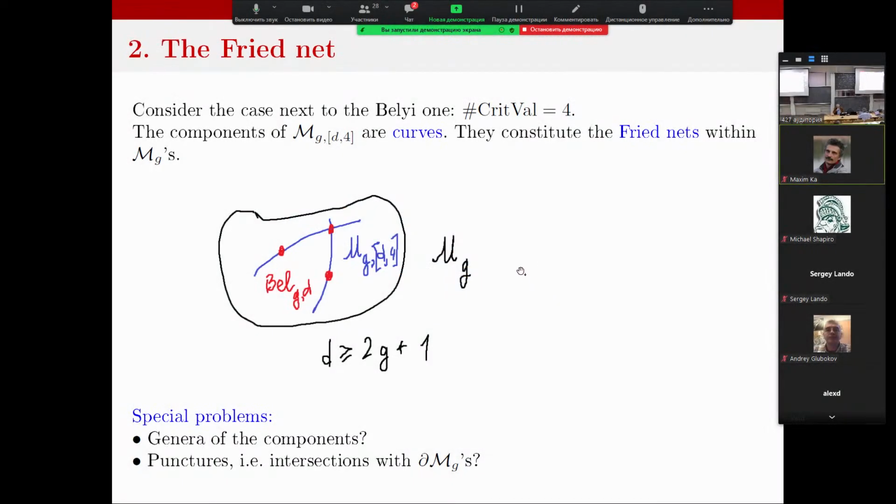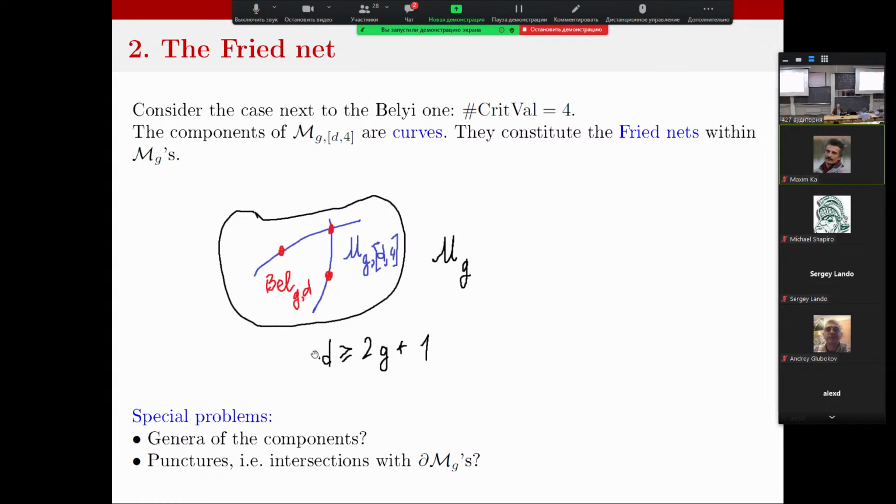Well, and the main result is just one calculated example. Now, a couple of special problems that definitely make sense in the case of curves.